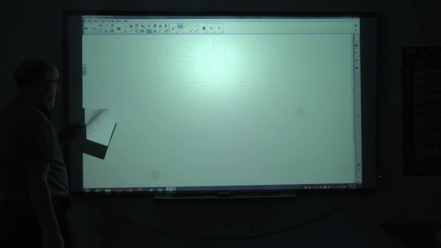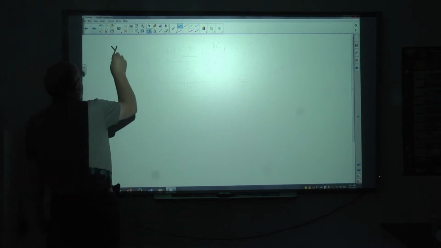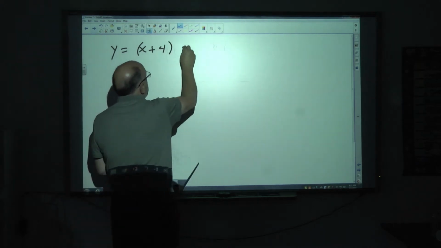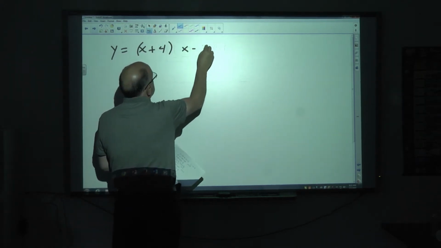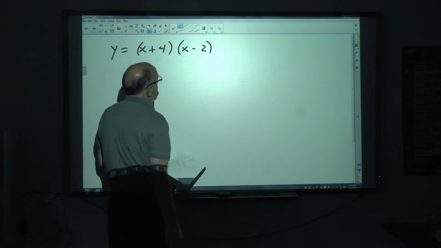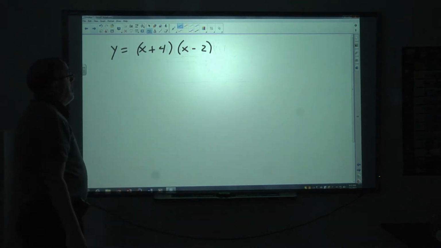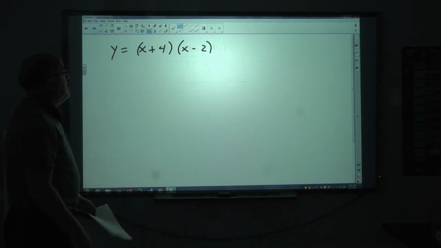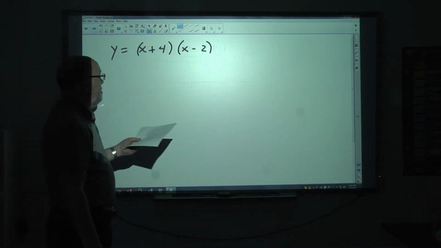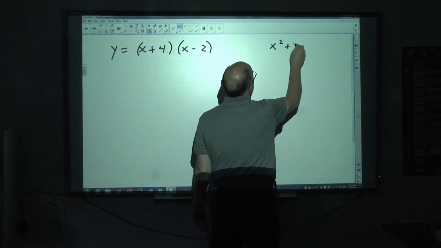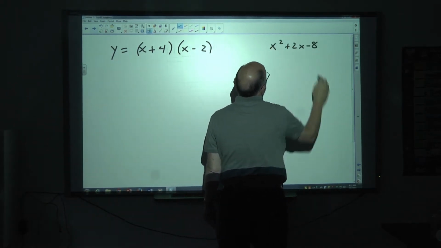Other types. Let's say we have y equals x plus 4 times x minus 2. You multiply that out with the FOIL method, and you should be able to figure out that this will come out to be x squared plus 2x minus 8.